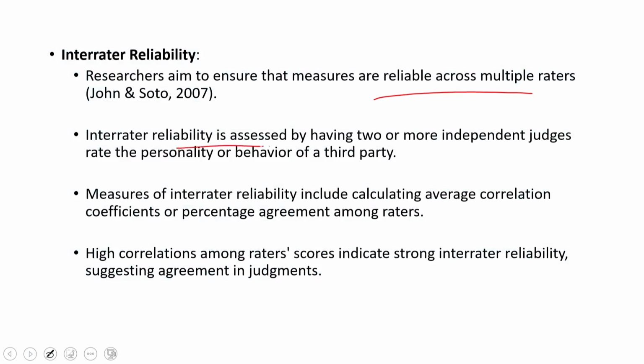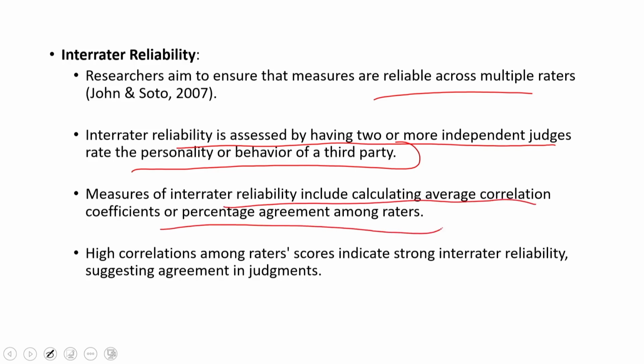Inter-rater reliability is assessed by having two or more independent judges rate the personality or behavior of a third party. These measures include calculating average correlation coefficients or percentage of agreement among raters. So, this is how it is calculated: you calculate the correlation or the percentage of agreement, to what extent they agree with each other.